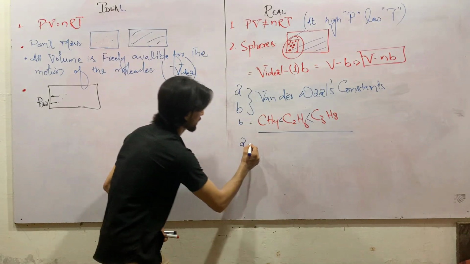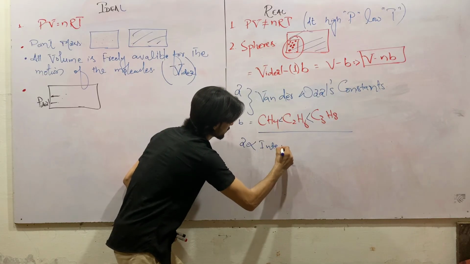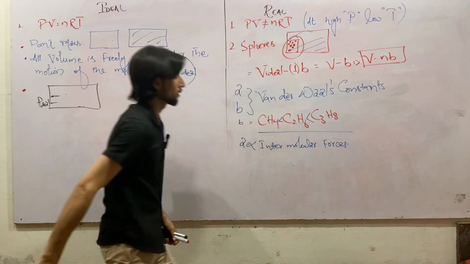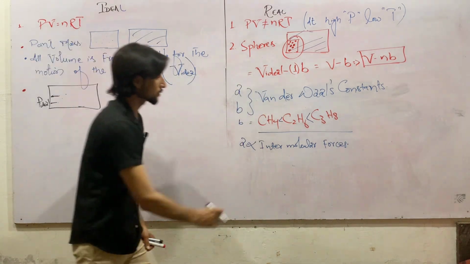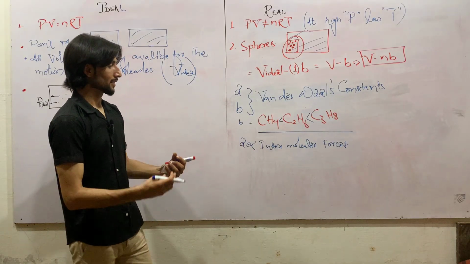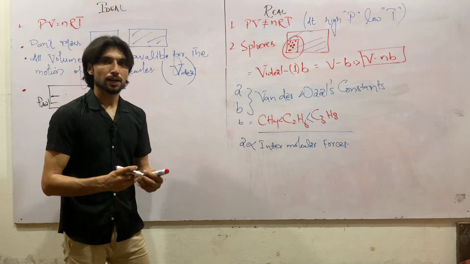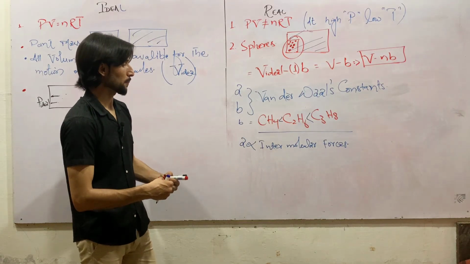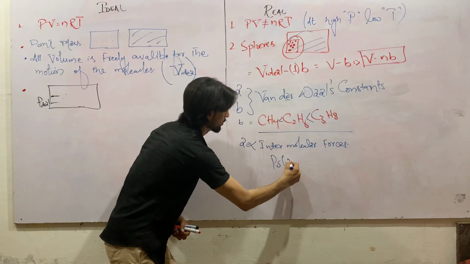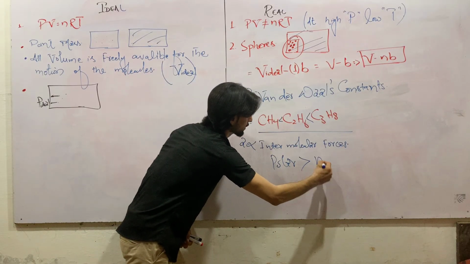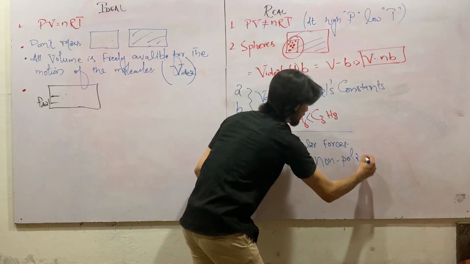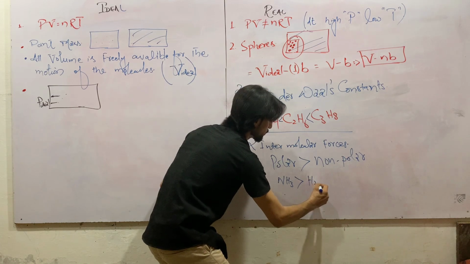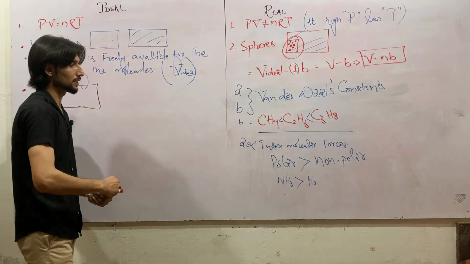So this is directly proportional to intermolecular forces. Now you can tell me which one will have greater value of a, a polar molecule or non-polar molecule? Obviously, a polar molecule will have greater value of a than non-polar. So NH3 will have greater value of a than H2. Okay, so this is about it.